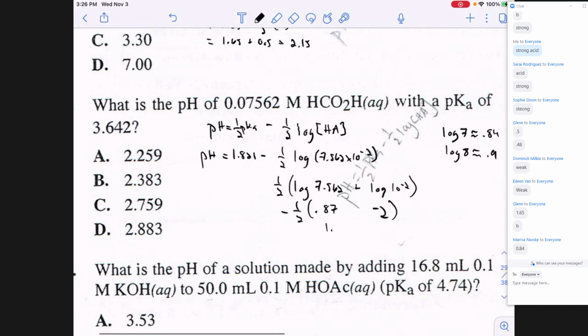So that's going to be 1.13 negative times a negative a half. So it becomes a positive. So 1.82 plus half of 1.13. Right? What's that going to be?